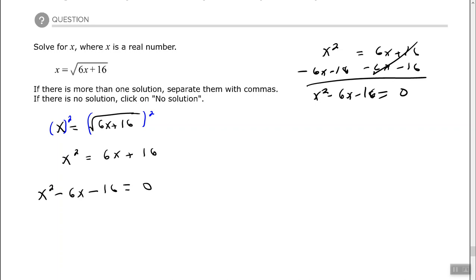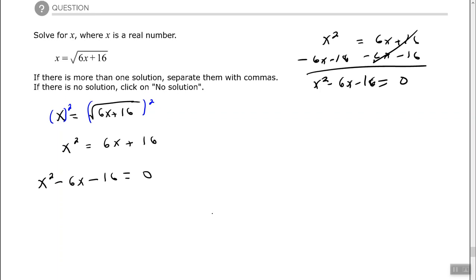From here we need to solve this quadratic equation, and you can solve it by factoring, which is probably the only method that we've learned so far. To factor this, we have 1 times negative 16, so we want to find factors of negative 16 that give us a sum of negative 6.